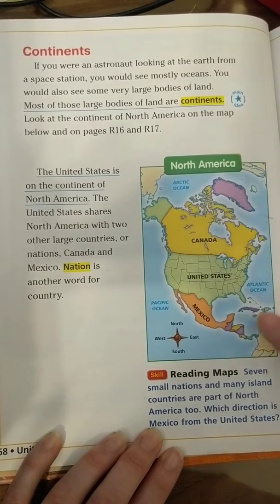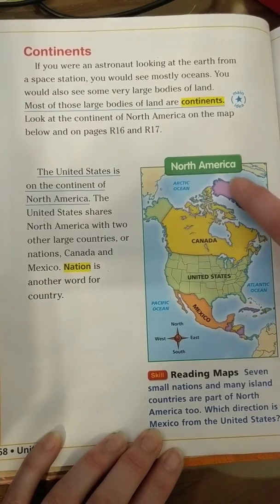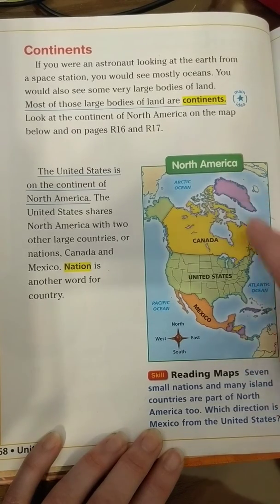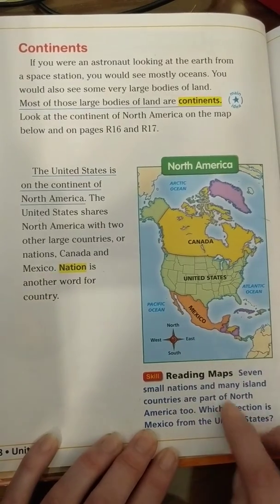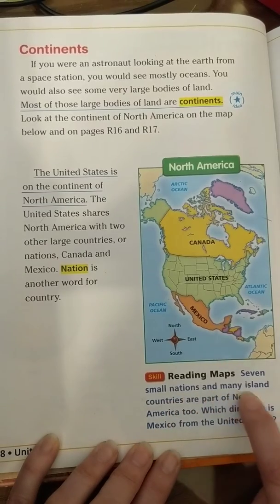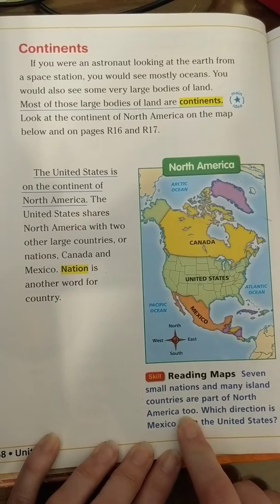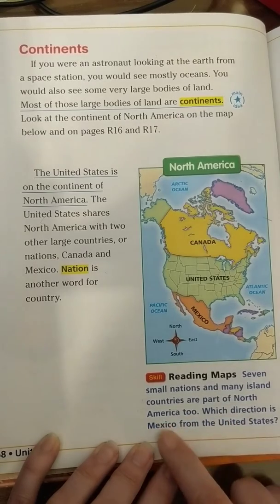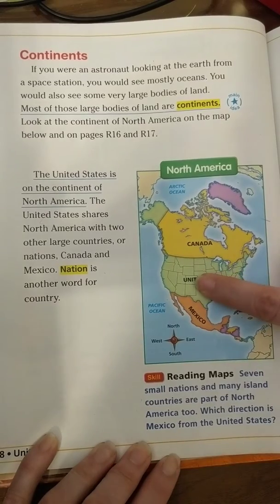But do you notice other colored areas here? Yes, these are also countries that we share North America with. These are smaller countries, so let's read about that. 7 small nations and many island countries are part of North America too. Which direction is Mexico from the United States? So let's find the United States.